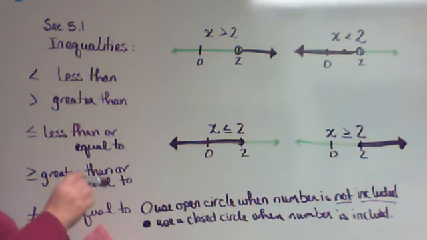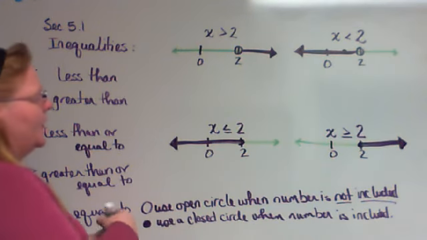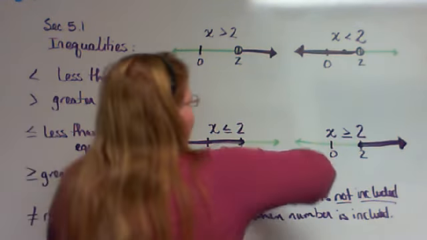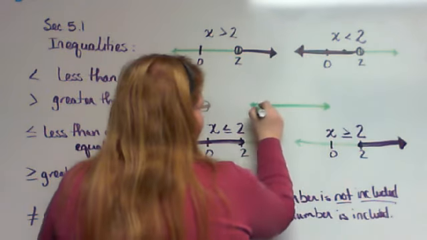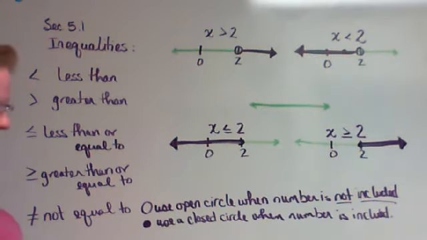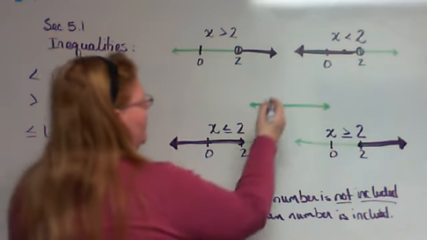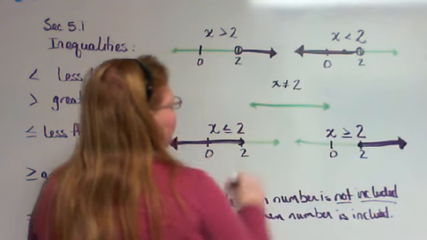Now, the one that we did not do that I wanted to show you because it's kind of important, I'm going to put in the middle up here. We didn't do an x is not equal to 2.